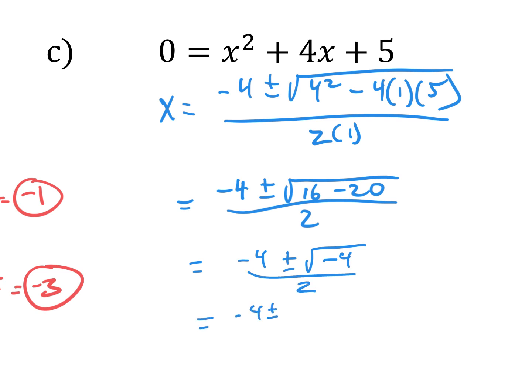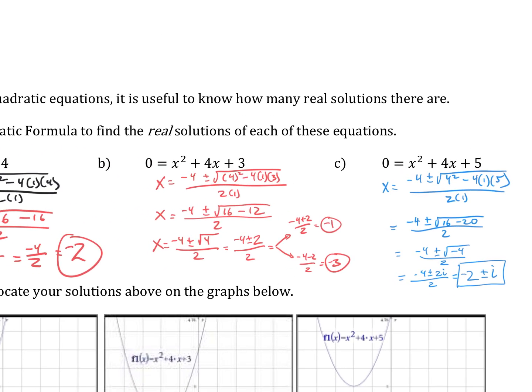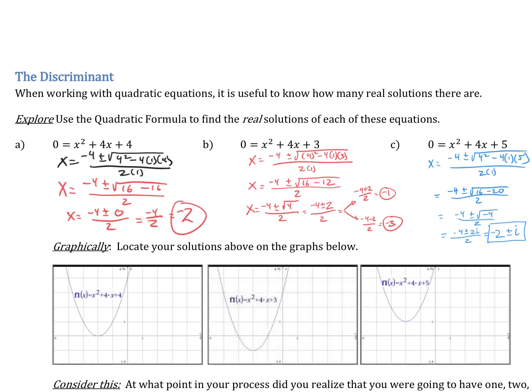Now that's an imaginary number, 2i all over 2. And we can simplify this into the form of a complex number: negative 4 divided by 2 is negative 2, plus or minus 2 divided by 2, which gives us 1, so 1i. So we have one solution, two solutions, and no real solutions. That is, one real solution, two real solutions, and no real solution.